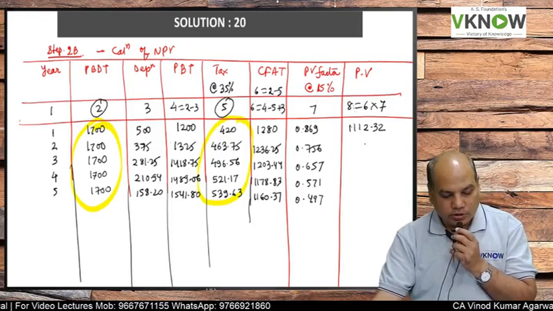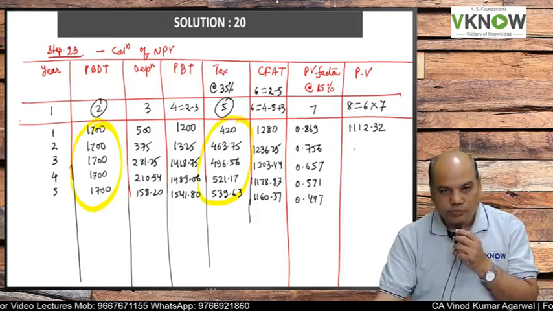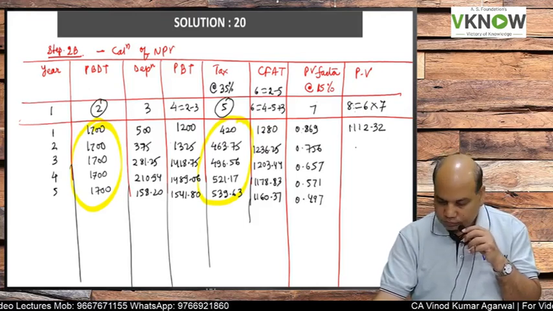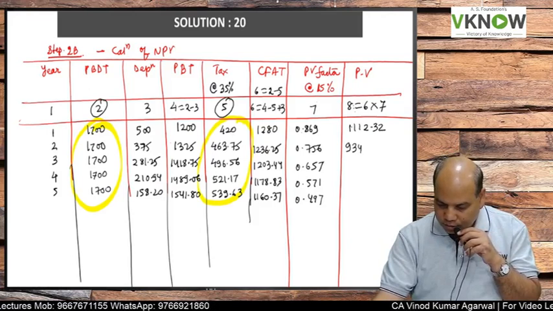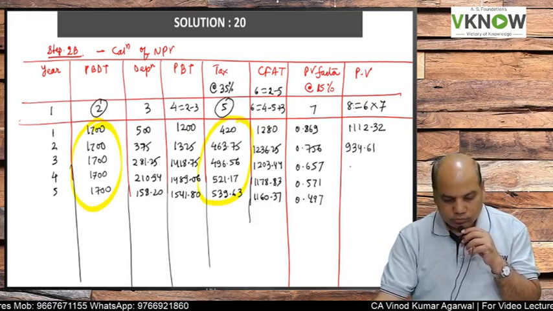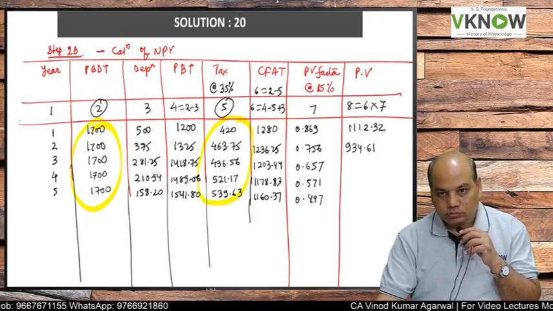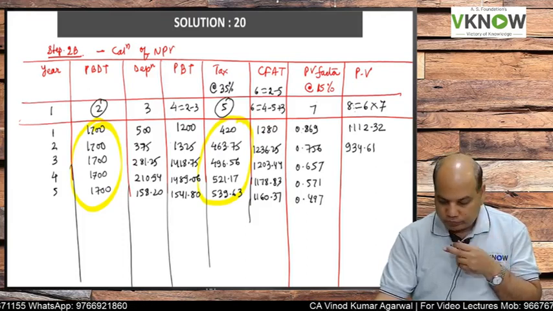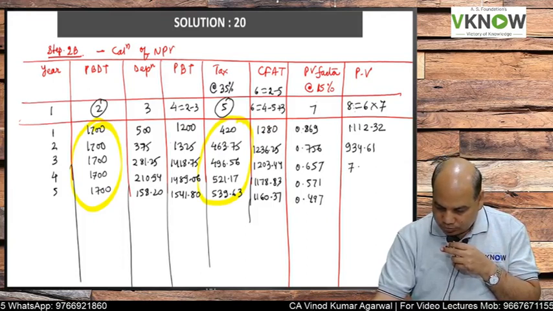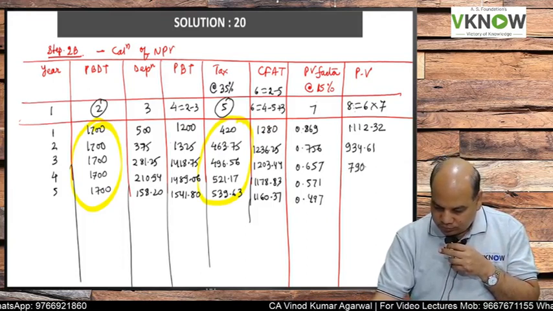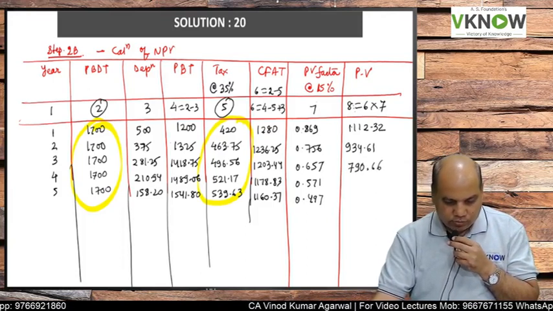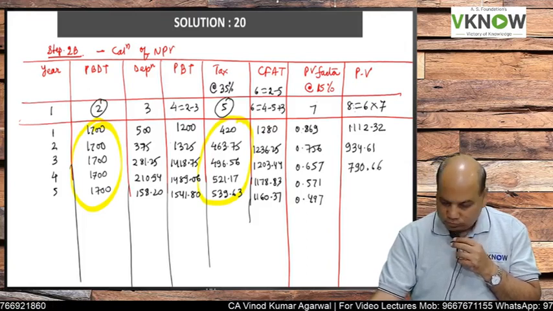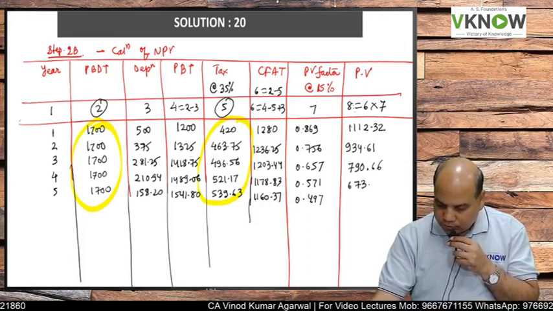Use memory plus function also, so that you don't have to add again. 934.61. 790.66. 673.11. Okay.